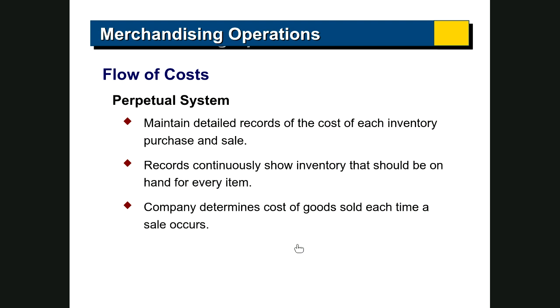So the first one is called the Perpetual Inventory System, right? Which maintains the detailed records of the cost of each inventory purchase and sale, records continuously, right? It shows inventory that should be on hand for every item, and the company determines the cost of goods sold each time a sale occurs, what you have done, right?